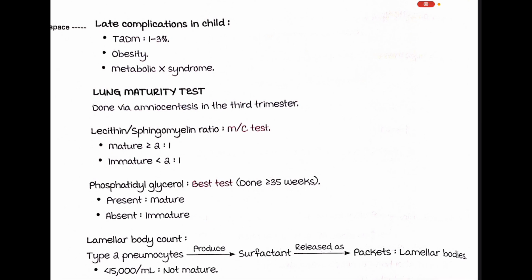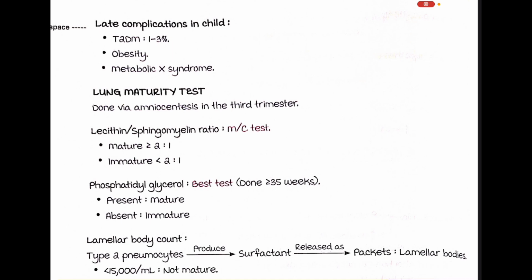Late complications: type 2 diabetes mellitus 1 to 3%, obesity, metabolic X syndrome. Lung maturity test is done via amniocentesis in the third trimester.